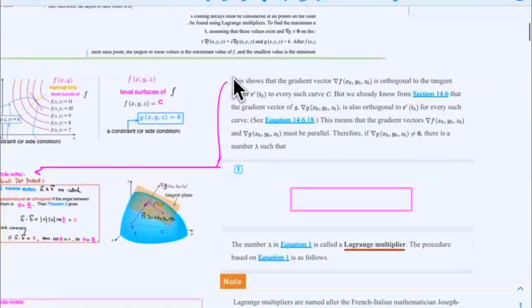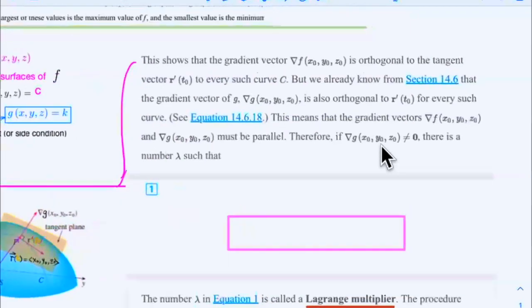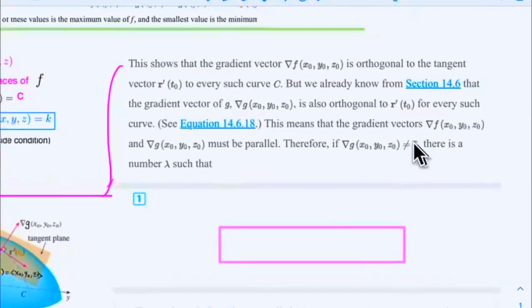Okay. Now after all this, I think that one of the important things for you guys to remember is this. Okay, so if the gradient of g is not the zero vector, okay, if it's zero, multiplied by any scalar will be zero, so that is not going to work.